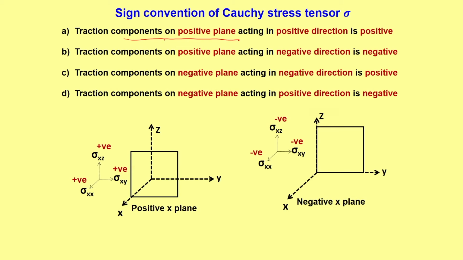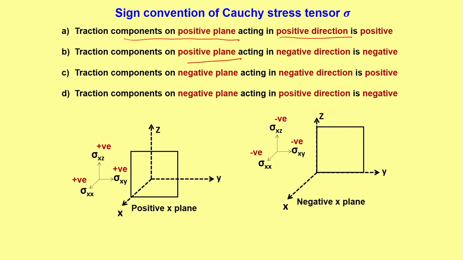So, if the traction component on a positive plane is acting in the positive direction, meaning the direction of x, y, z, it is positive. So, you have positive plane and the traction component is acting in the positive direction, so it is positive.